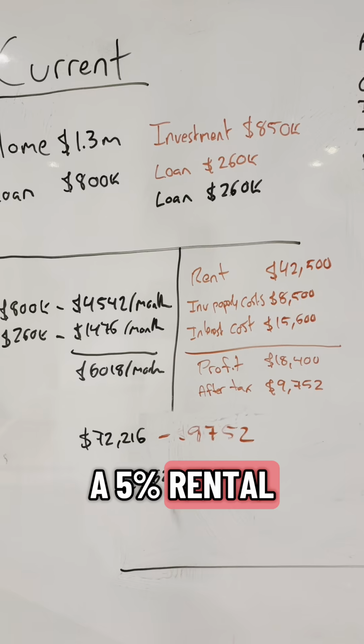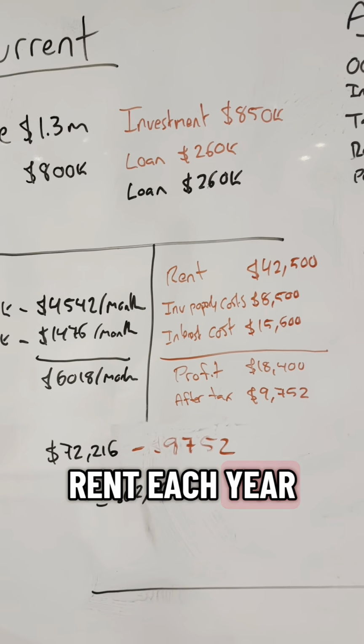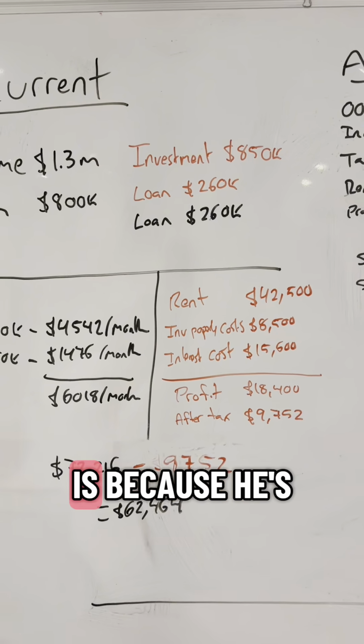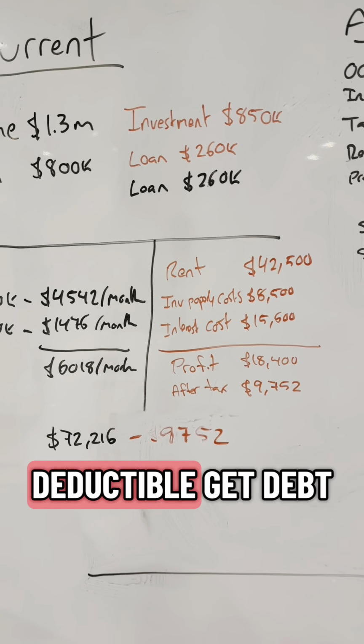So we've got a 5% rental yield, which equates to $42,500 in rent each year. We've got investment property costs of $8,500 a year, and interest costs of $15,600 per year. The reason that's so low is because he's only got $260,000 of deductible debt against this property. As a result, the investment property itself is profitable, making about $18,400 per year.